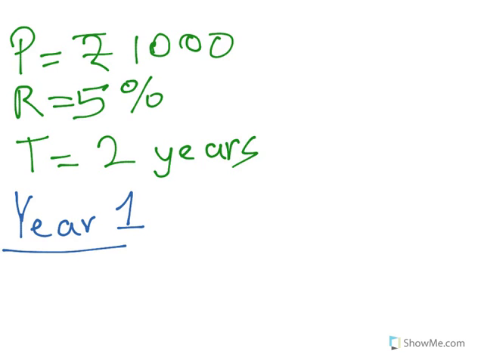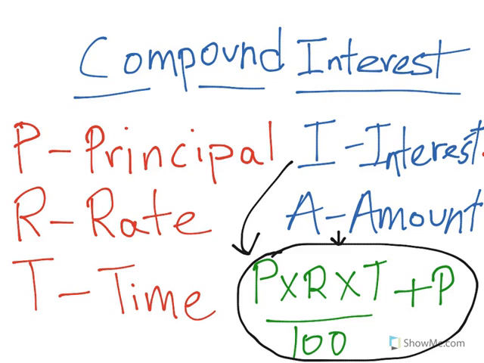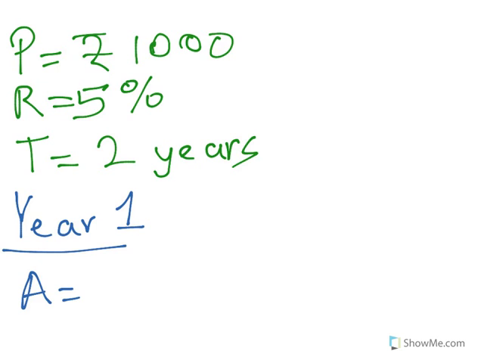So my amount after year 1 would be, yeah, this is my formula, right? P into R into T by 100 plus P. That would give me the amount. So I'm going to do that.